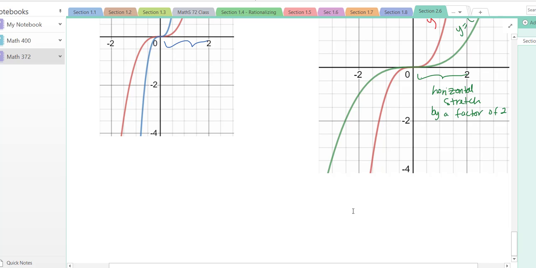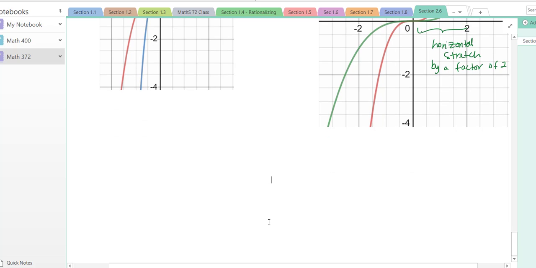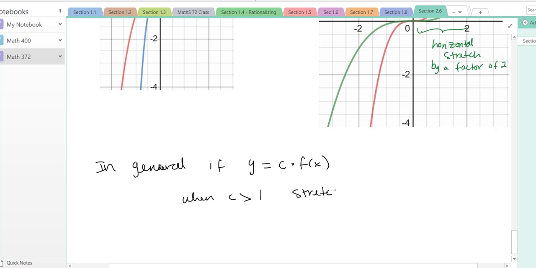So in general, if you have y equals c times f of x, we'll do the vertical first. When c is greater than 1, we stretch the graph of f of x vertically by a factor of c.